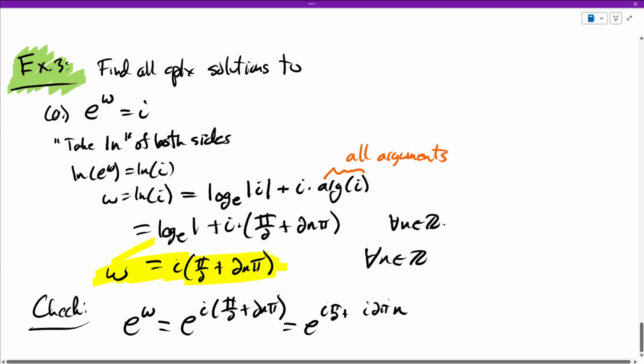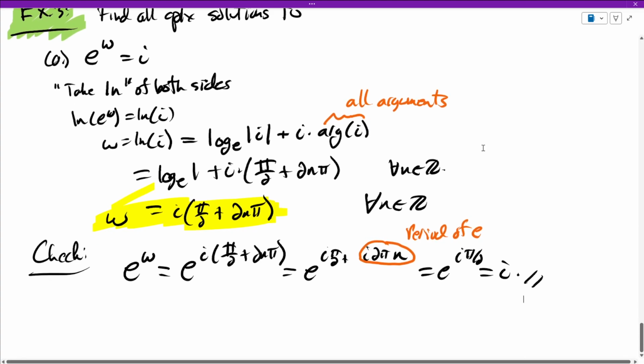Recall that e is 2 pi i periodic, so this is a whole multiple of the period. This is just e to the i pi halves then, which is in fact i. So we did get solutions, so this does work. And in fact, these are all the solutions.